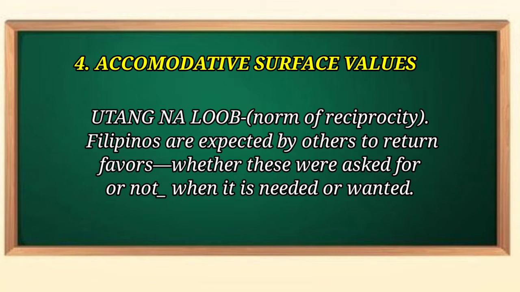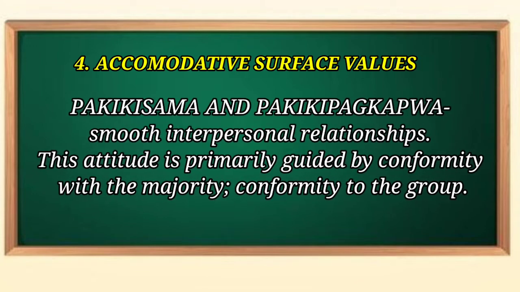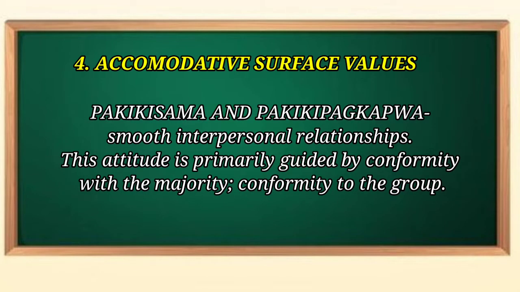Filipinos are expected by others to return favors, whether these were asked for or not, when it is needed or wanted. Number 3, pakikisama and pakikipagkapwa. Smooth interpersonal relationships. This attitude is primarily guided by conformity with the majority, conformity to the group.